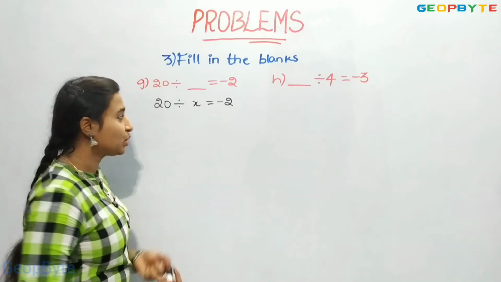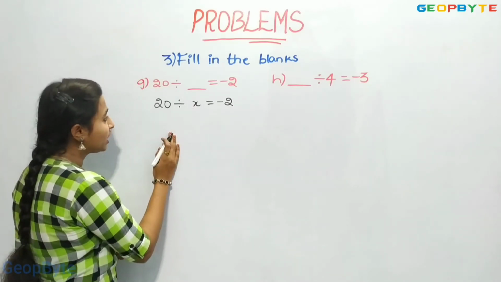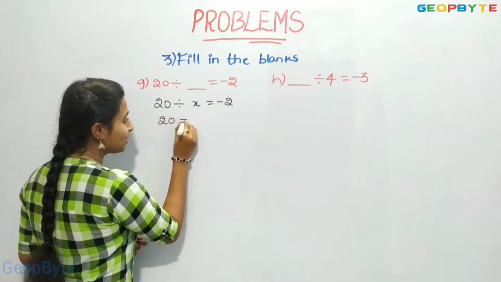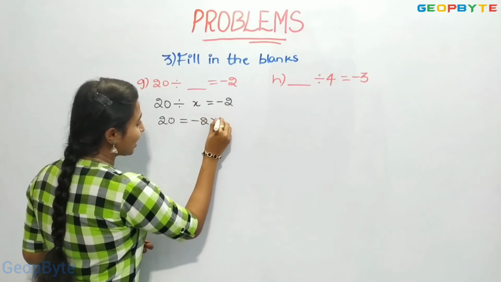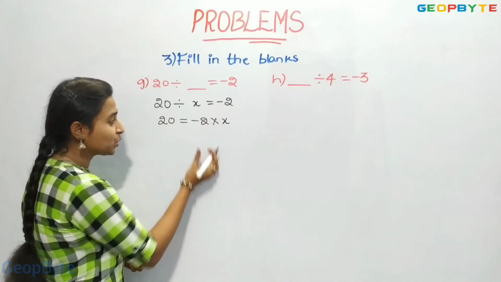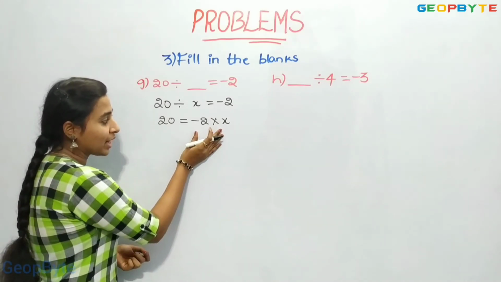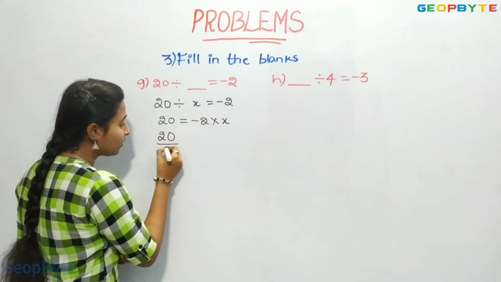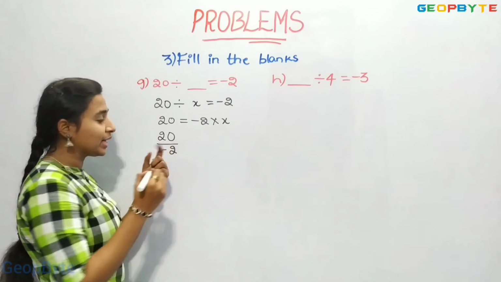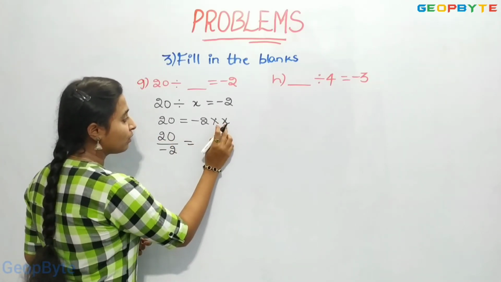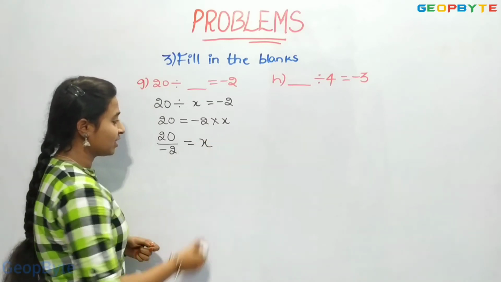Now, as you know, this x, when it goes from the left hand side to right hand side, it becomes into x. Now, this minus 2, when it goes from right hand side to left hand side, it gets divided with the number 20. 20 by minus 2 is equal to x, we have x on the right hand side.